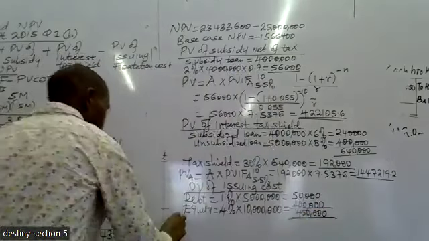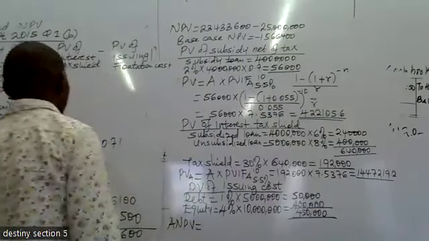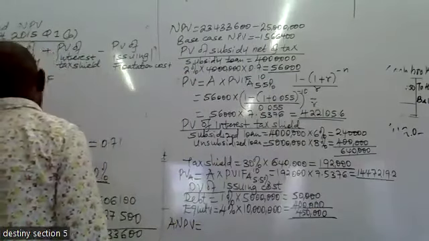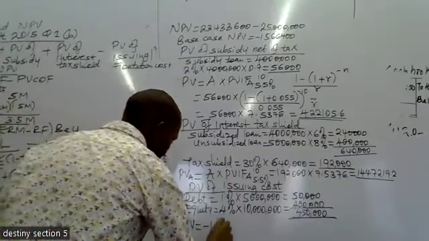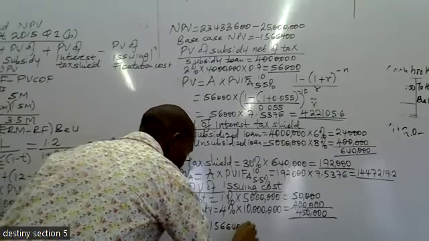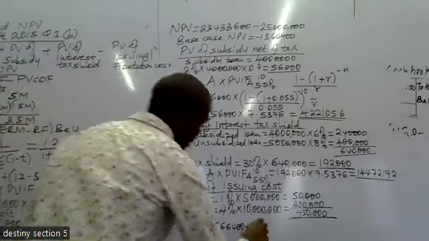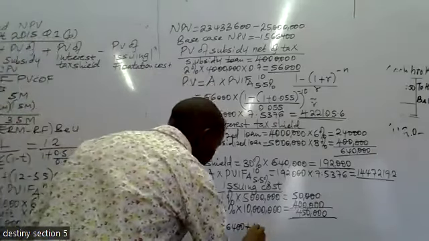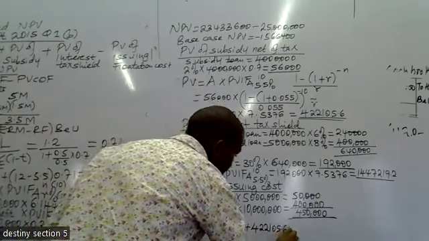So with that, we can get our adjusted NPV. Our base case NPV was of negative what? 1566,400. You add 422.105.6.